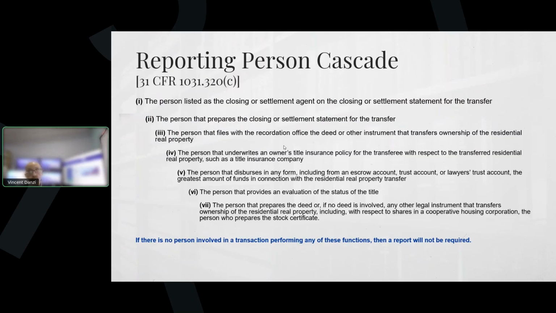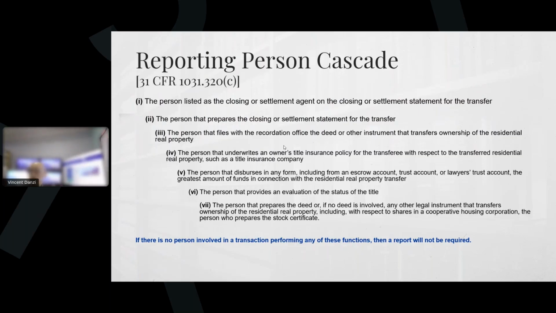But I will leave the discussion about the reporting person cascade with one final thought: if you go to that residential real estate rule website that I mentioned earlier, you will see that FinCEN mentions the possibility of delegating to people that are not in the cascade the function of doing the report. And there's nothing apparently wrong with doing that. Just understand that if you do that, it's not going to relieve you of your responsibility to make the report.